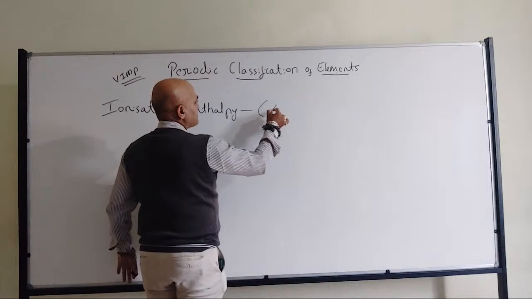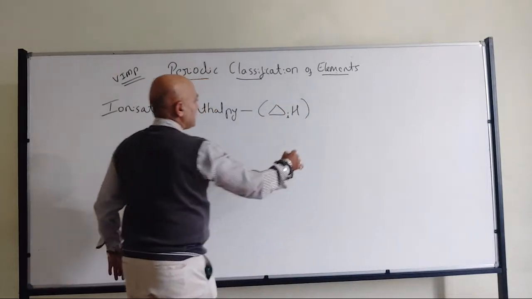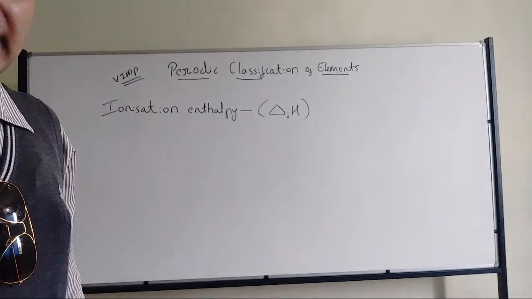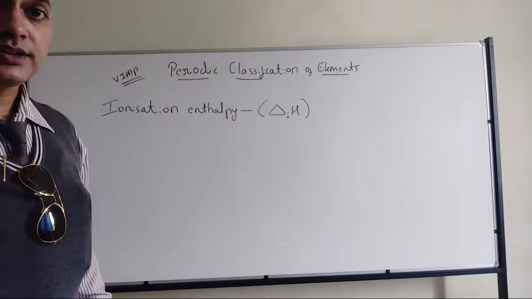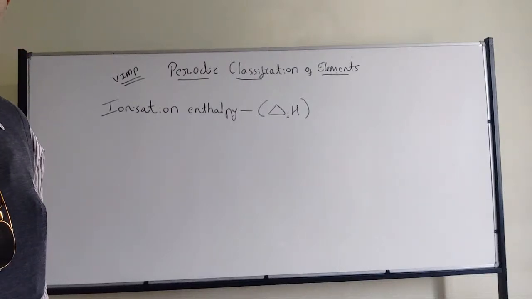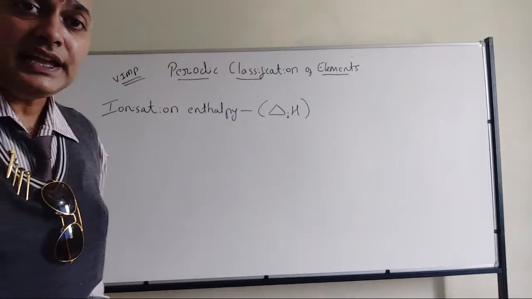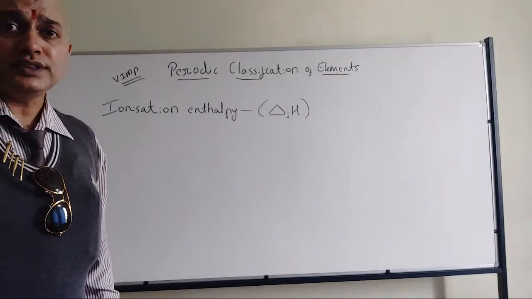The symbolic representation can be delta IH, because in thermodynamics, which you are going to discuss, capital H stands for enthalpy. Enthalpy is nothing but heat, that is nothing but a form of energy. So try to understand the word enthalpy. You are going to study it in detail in your thermodynamics topic, which you have in your first PU.